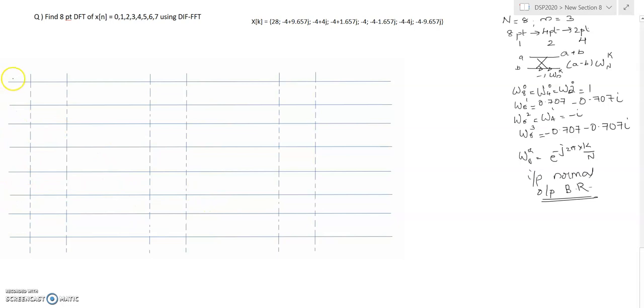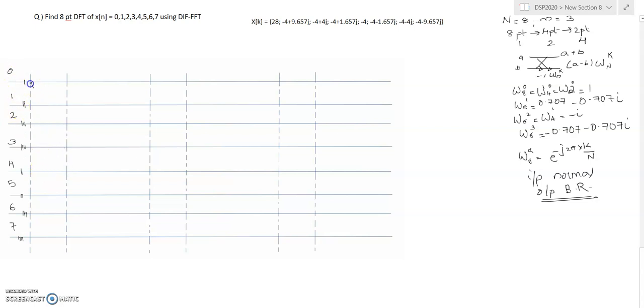So we have to write the input in the normal order. So this will be 0, 1, 2, 3, 4, 5, 6 and 7 in the normal order, and we have to connect the first arm with the fifth, the second with the sixth, the third with the seventh, and the fourth with the eighth. Just to avoid confusion, I've drawn that.